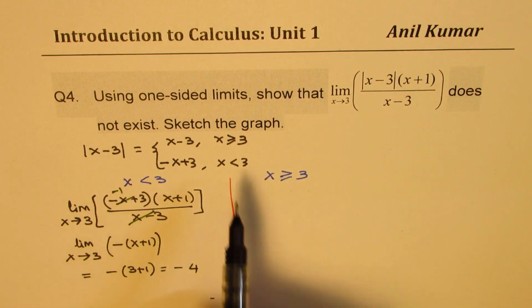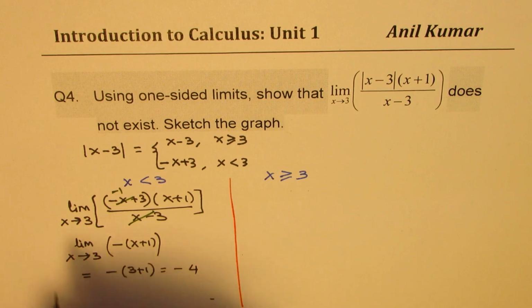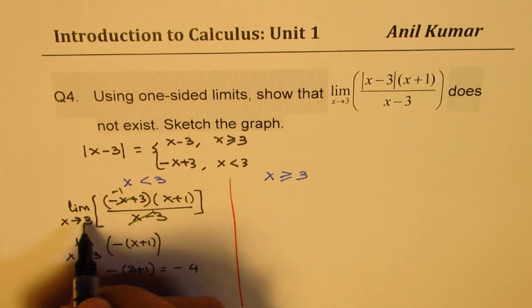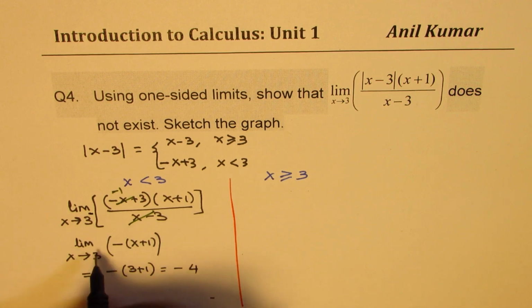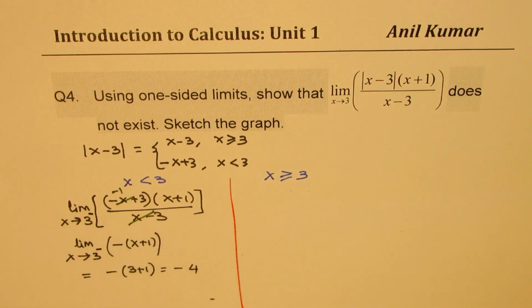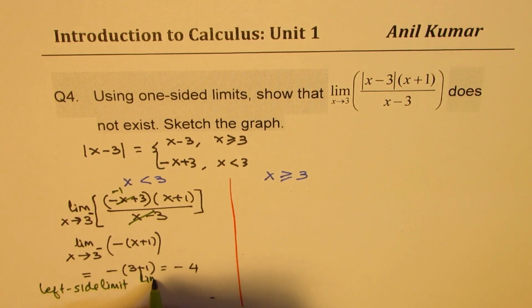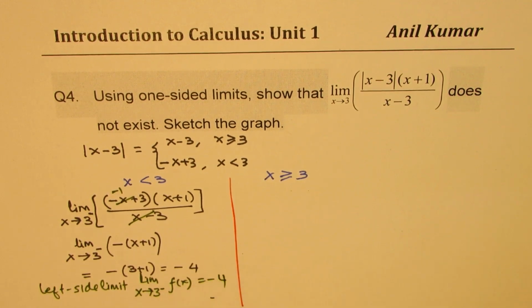So the limit from the left side, I should say, x approaches 3 minus, to be very specific. So that is the limit from the left side. So let me write this as left side limit. That is, the limit when x approaches 3 from the negative side of the given function is equal to minus 4.